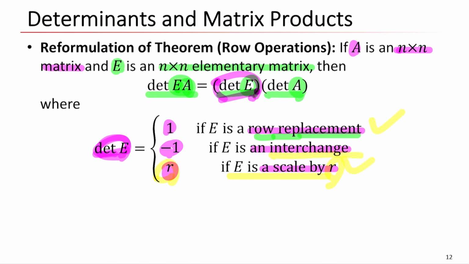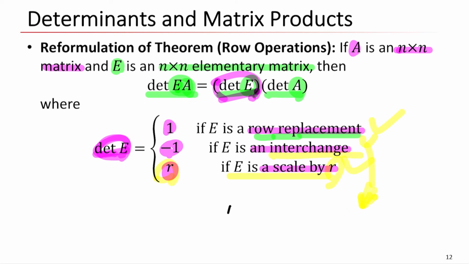Then, what about interchange? Actually, the interchange can be derived by the row replacement. What does it mean?